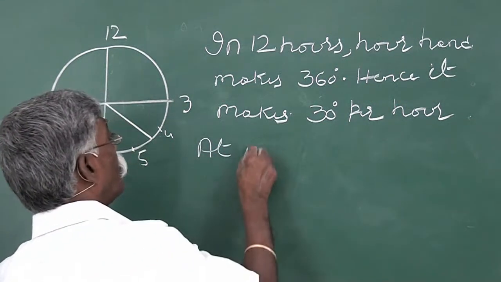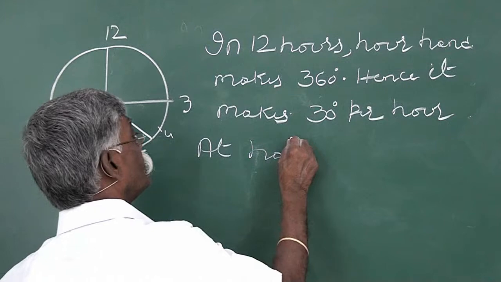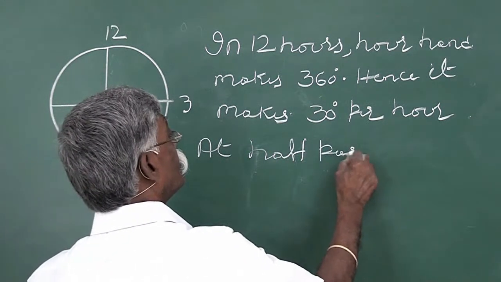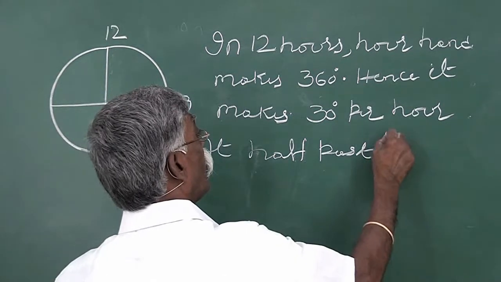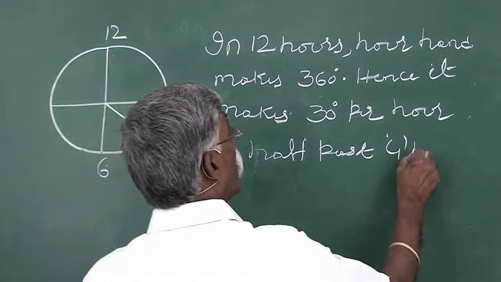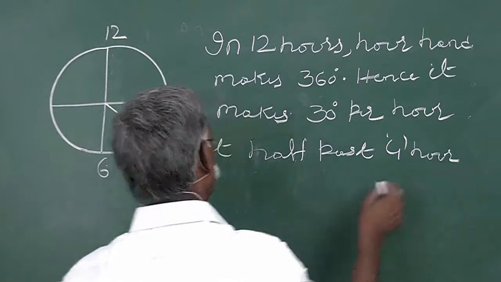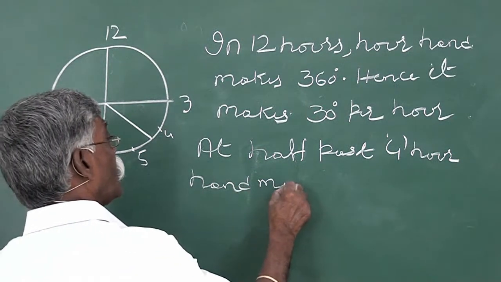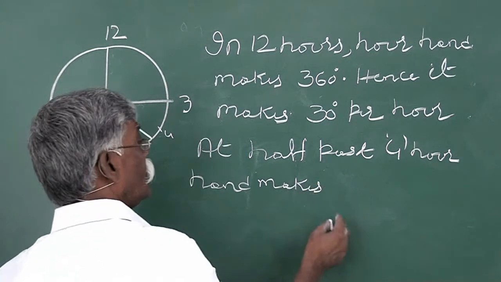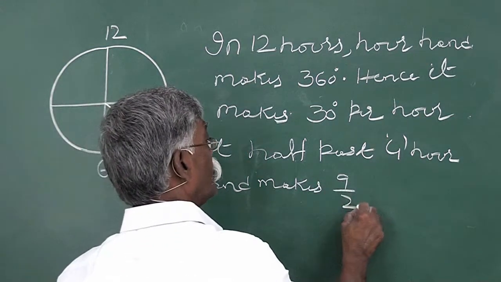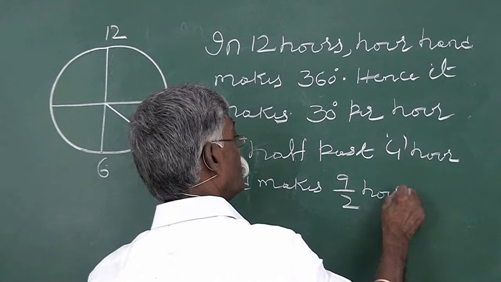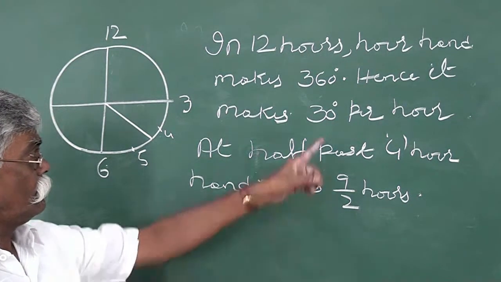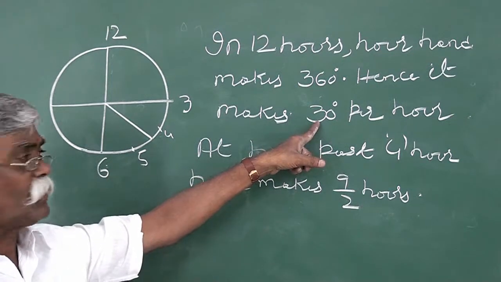At 4:30, the hour hand makes 9 by 2 hours, and per hour it makes 30 degrees.